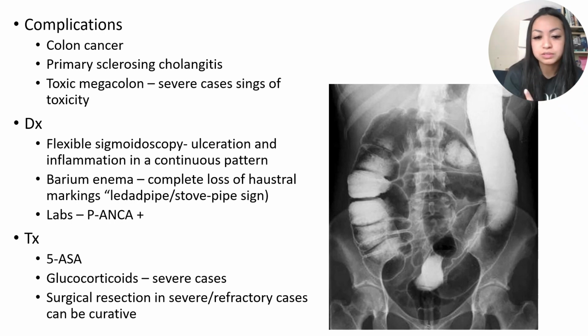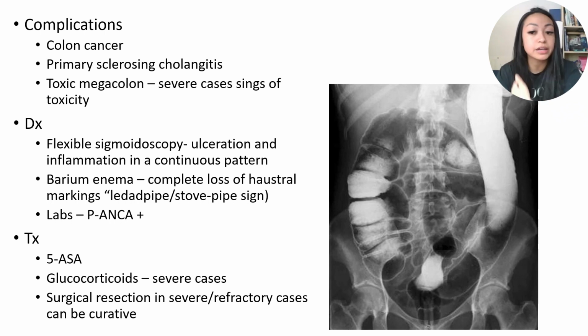Toxic megacolon happens in really severe cases, and patients would show signs of toxicity. They would be tachycardic, hypotensive, things like that, and the patient would look really, really ill. So colon cancer, primary sclerosing cholangitis, and toxic megacolon are the complications of ulcerative colitis.